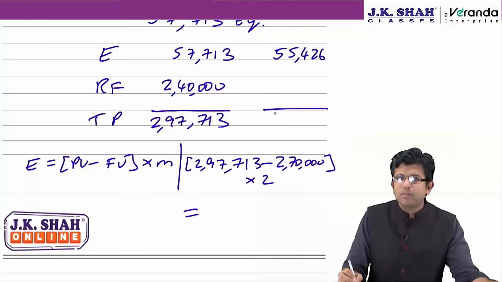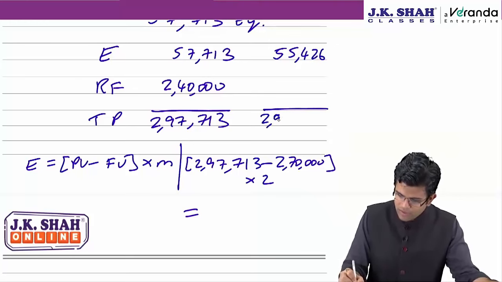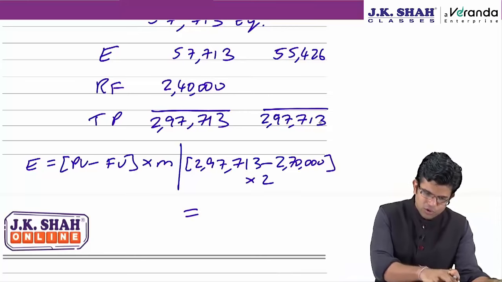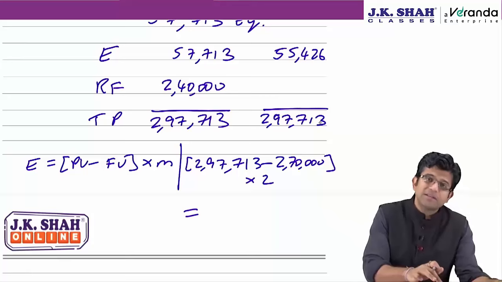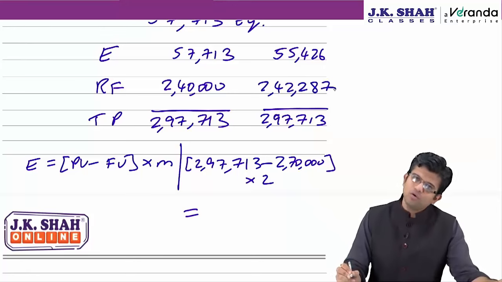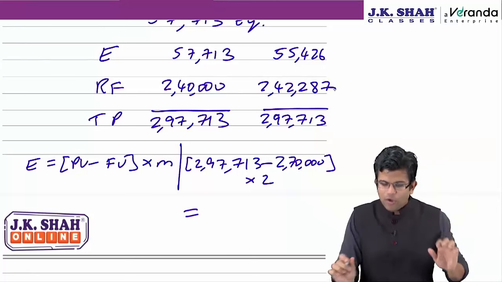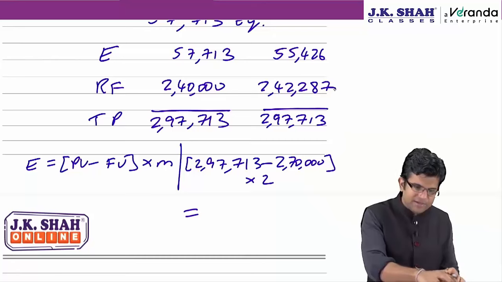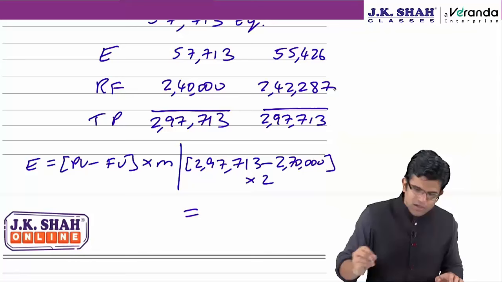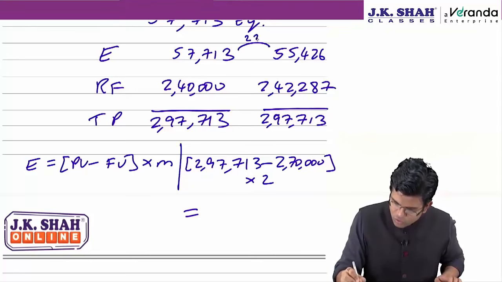So I'll write down here 55,426. Total portfolio value obviously cannot exceed 297,713. Therefore, the amount you should invest in risk-free assets should be 2,42,287. Basically what you are doing is, 57,713 minus 55,426, that is 2287.